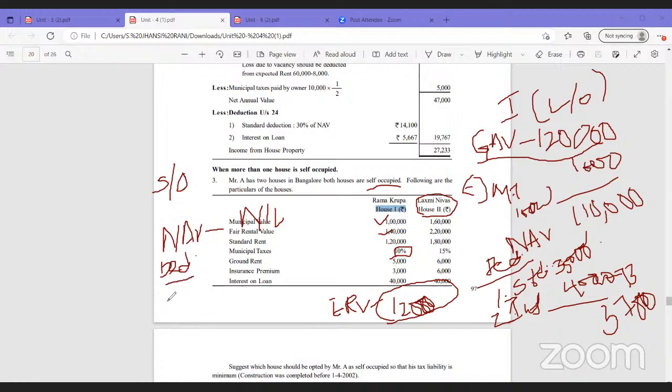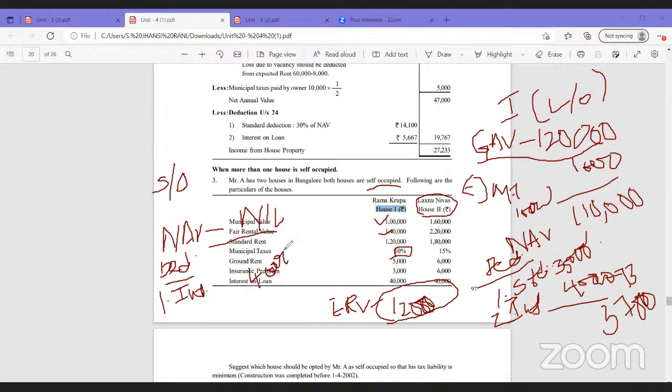We cannot take the first deduction, standard deduction, because it is always calculated on net annual value, but our net annual value is nil here. So there is no standard deduction whenever the house is self-occupied. We will have only interest on loan or pre-construction interest. In this problem, we don't have any pre-construction interest. We have only interest on loan, and interest on loan for the second house is 40,000.